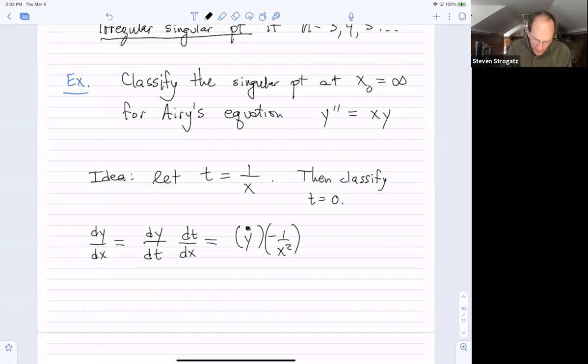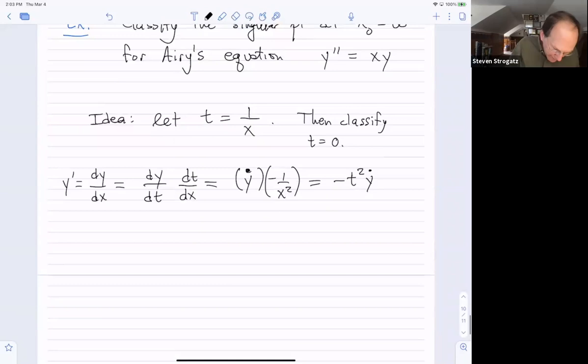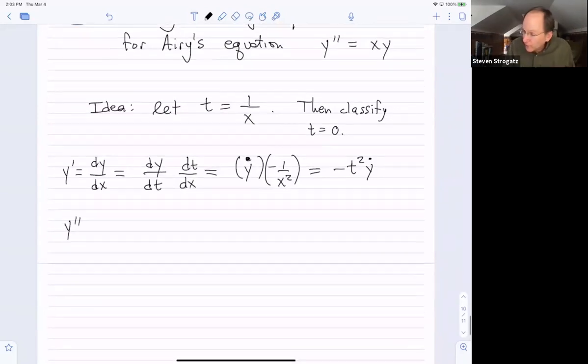And the 1 over x squared, since we're converting things into t, you could think of as negative t squared. And then that's times y dot. So that's the rule for how you convert y prime into y dot. And similarly, we could convert y double prime.